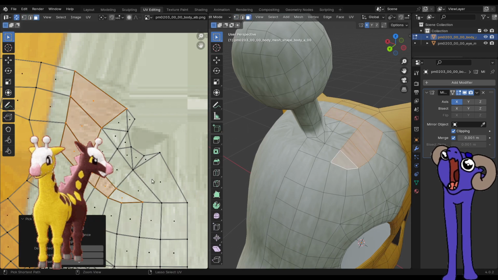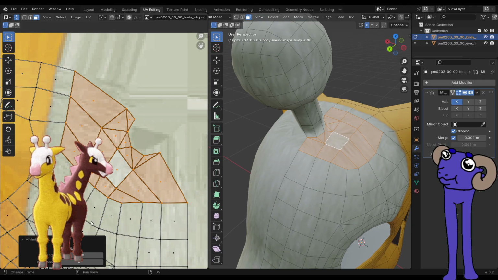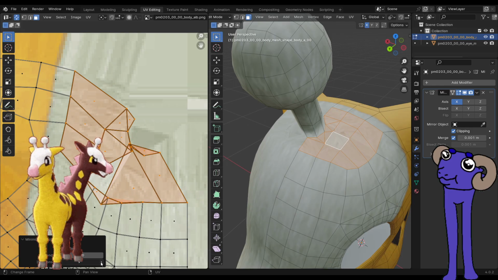Actually, if I just like do this and then go to minimize stretch. Oh jeez.